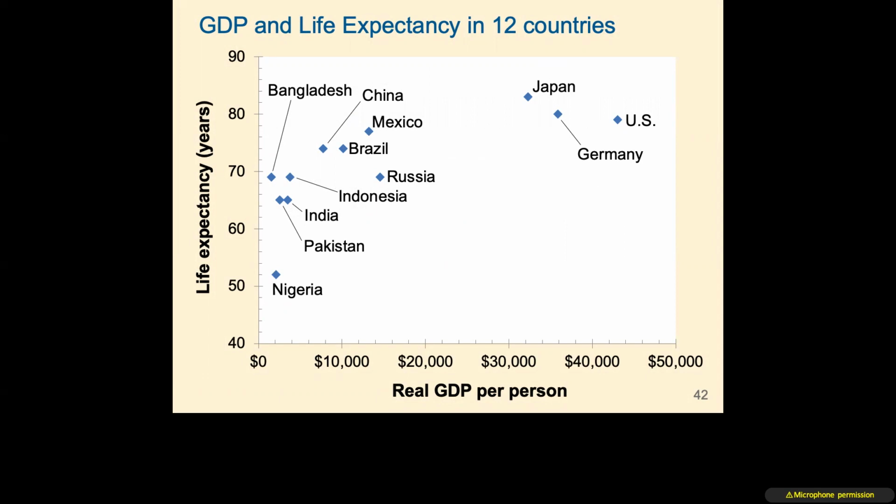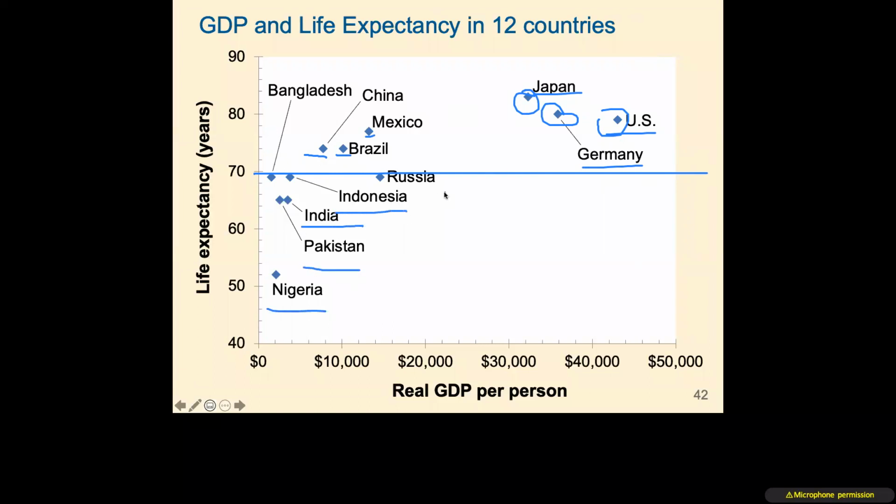For instance, countries with a higher GDP per person, like Japan, Germany, and the US, also have pretty good life expectancies, at least over 70. However, China, Mexico, and Brazil, who have very low GDPs, also have some pretty good life expectancies. However, there is a lot of trending here about countries with lower life expectancies and indeed also lower GDP per person.